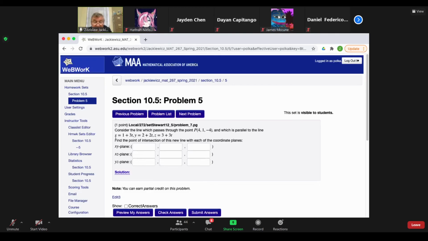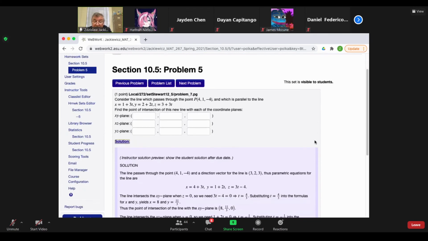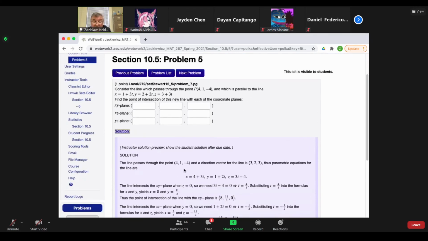The direction vector is the same as for this line. So the direction vector is 3, 2, and 3. Or you can take, of course, minus 3, minus 2, minus 3 as well. That's okay. So clearly, you have a point, you have a direction vector, so you can write the parametric equation of the line.